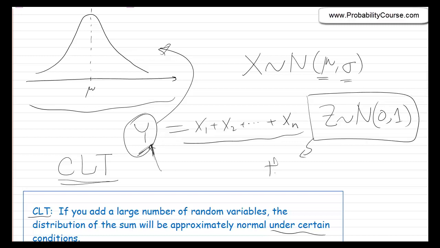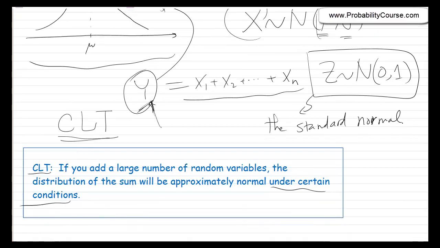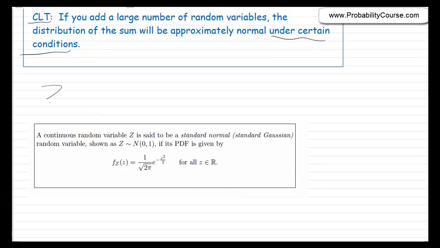And we call this the standard normal random variable. And the reason we do that is that we will see later on that we can produce any normal random variable with any mu and sigma from the standard normal. So we can convert the standard normal to any other normal distribution. So it's better to first understand the standard normal, and then we can convert it to any other normal that you want. Okay, so this is our notation.